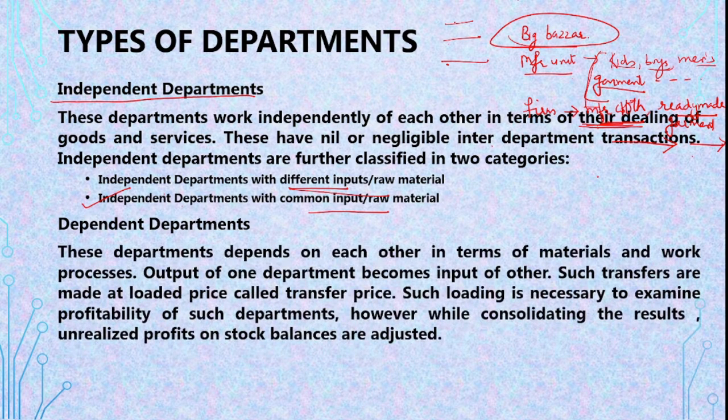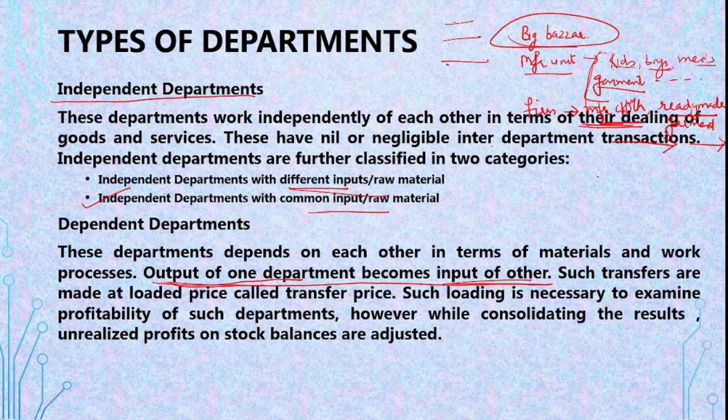So as you are clear now, the departments depend upon each other for materials and work processes. The output of one department becomes the input of another, like we have seen in case of a firm manufacturing cloth and the ready-made garments. So the output of the clothing department, that is raw cloth, becomes the input of the other department.